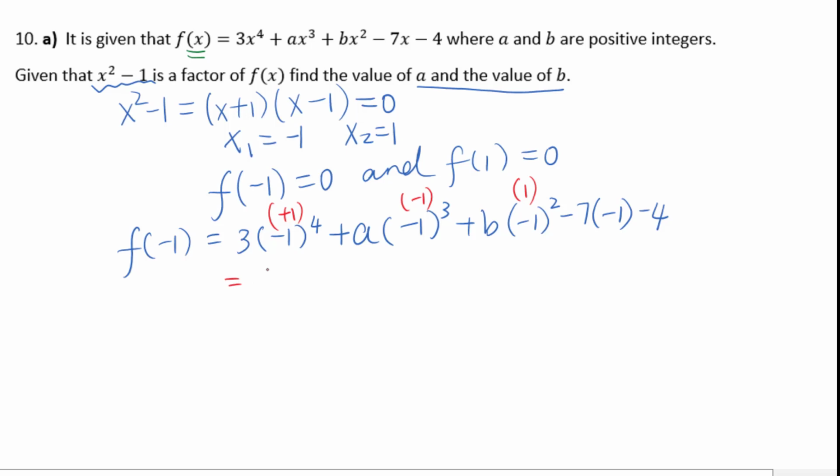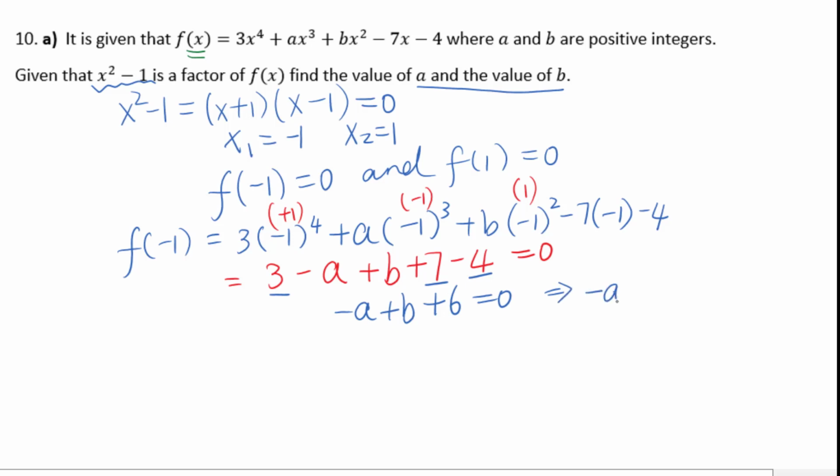So we get 3 minus a plus b plus 7 minus 4 equals 0. Combine like terms: -a plus b plus 6 equals 0. We will get -a plus b equals -6.